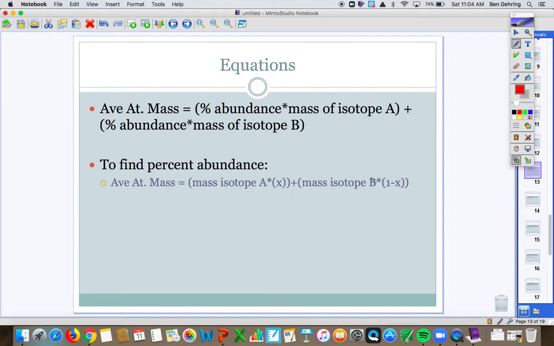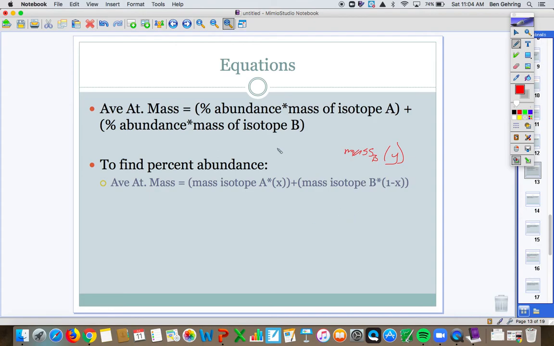So A is X. For B, I can't just put Y. I mean, I can put Y in there, but then my percent as a whole, the best you can do on a test is 100%. So if I would have said this was mass of B times Y, I will then substitute, and I know that my grand total has to be 100%.